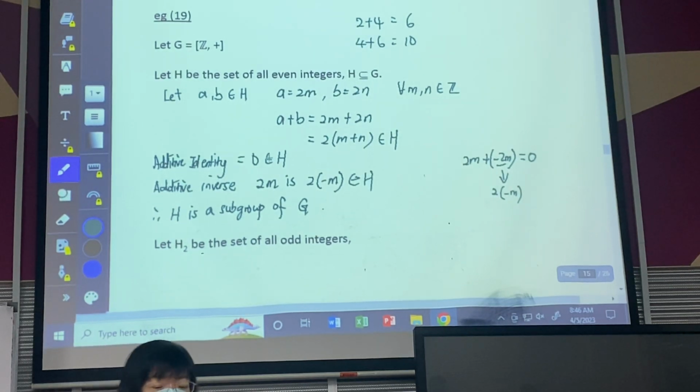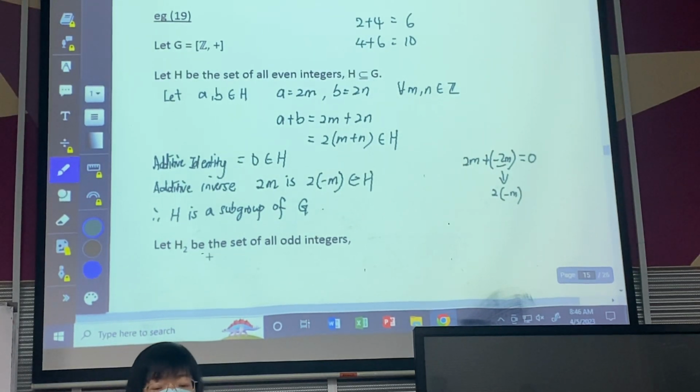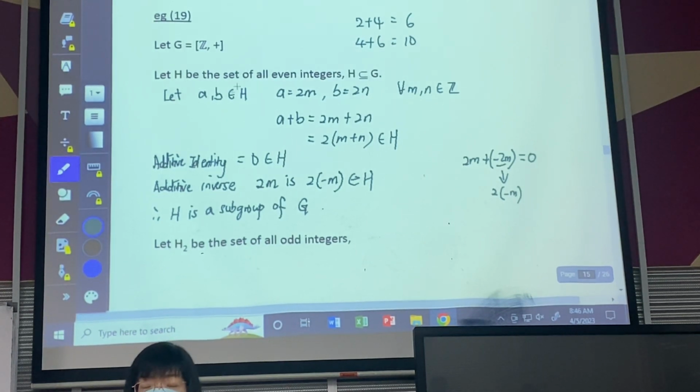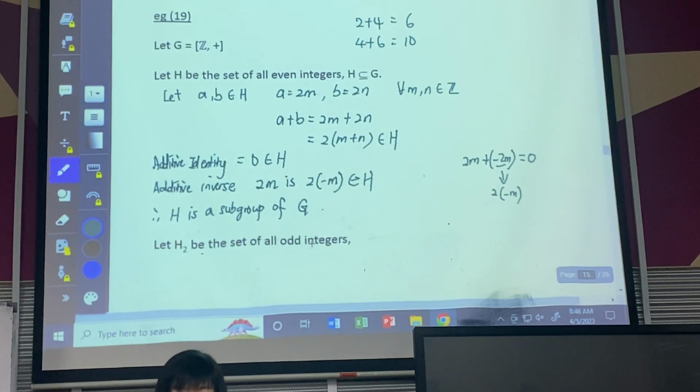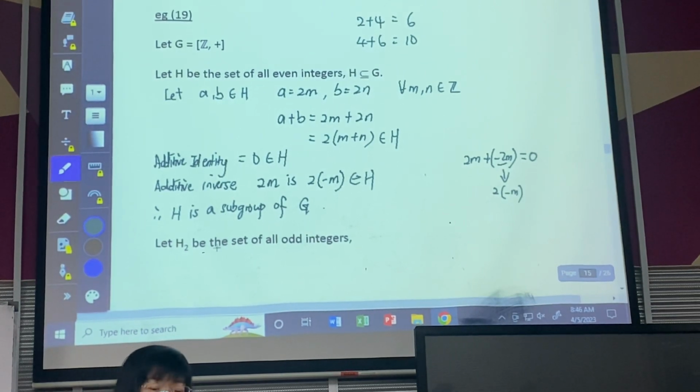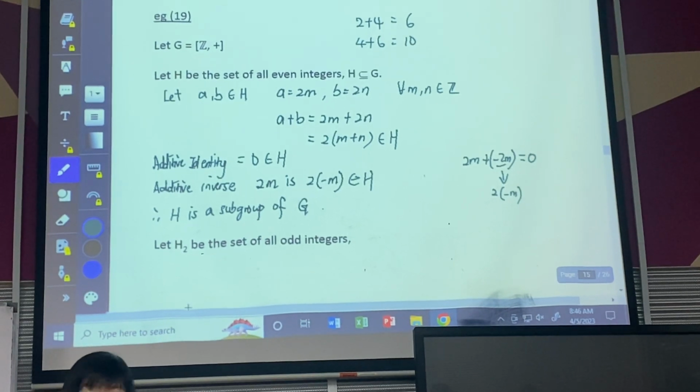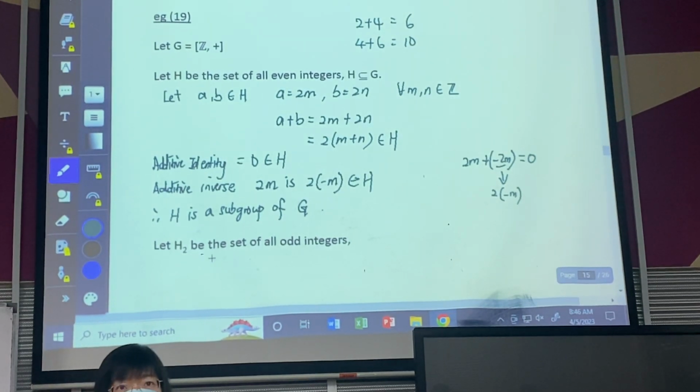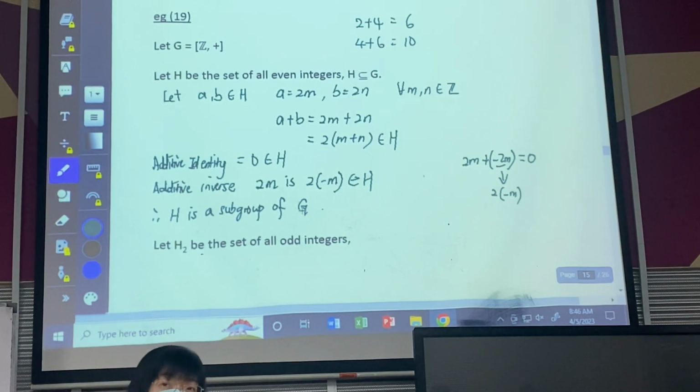Okay, the next one is, let's say I have another subset. The first subset is the even integers. Now let's say I have a second subset, which is the odd integers. What do you think if now I have the set of odd integers? Will I get back the same result as this?